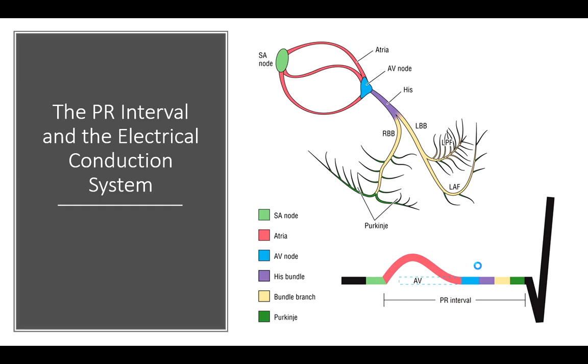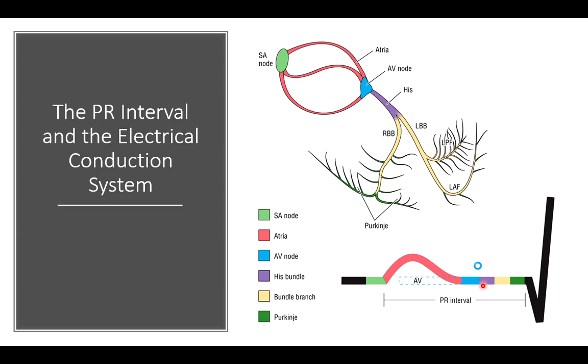The PR interval relates to the electrical conduction system and represents its location, as we have this propagation of the electrical impulse and a pause of that impulse at the AV node and bundle of His. So this dashed component that you see here, labeled AV, represents a slowed conduction that starts in that AV node and bundle of His.